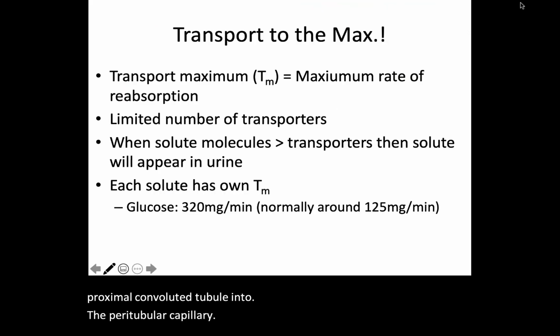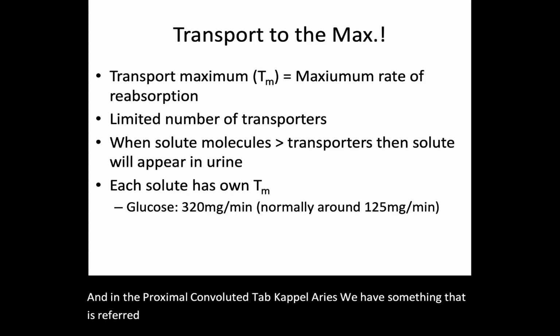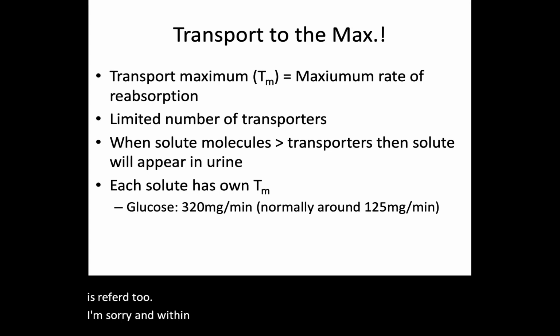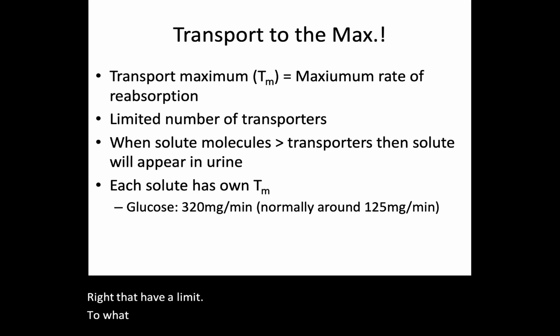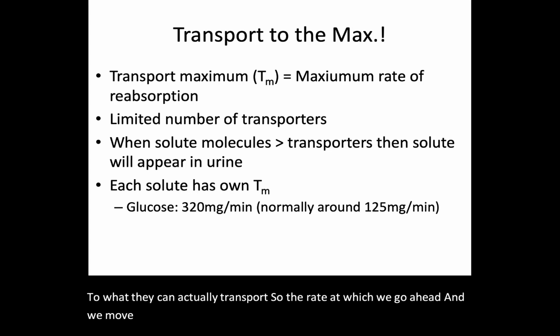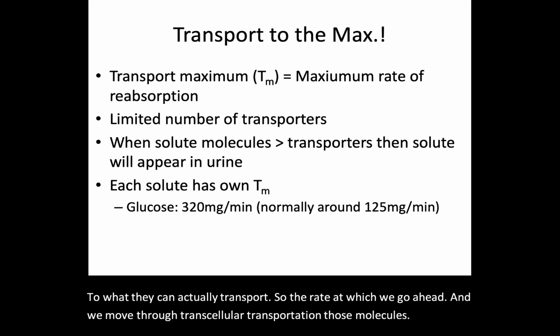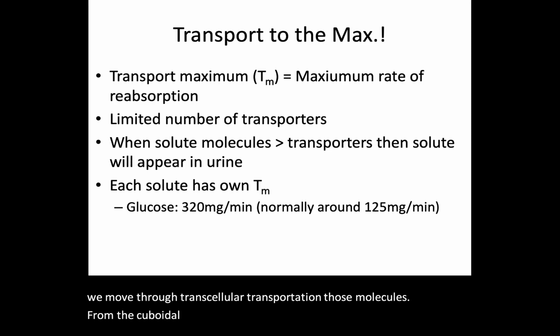And within the proximal convoluted tubules, we have transport proteins, right, that have a limit to what they can actually transport. So the rate at which we move through transcellular transportation those molecules from the cuboidal cells into the peritubule capillaries is based on the number of transporters or receptors that we have.